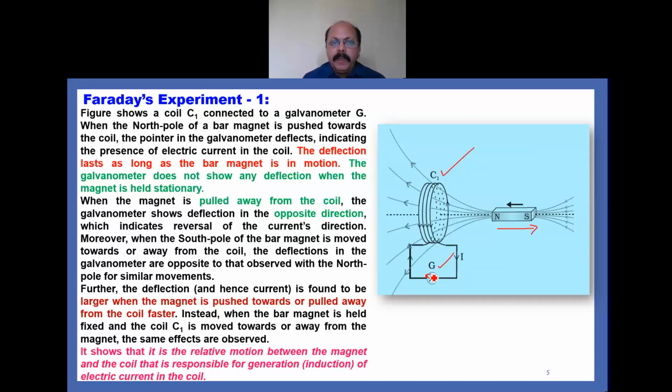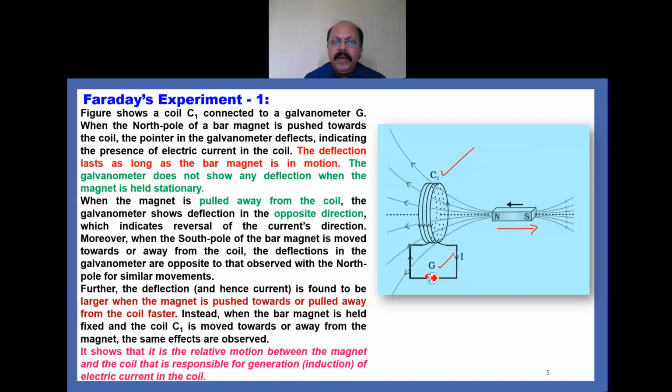Further, the deflection and hence current is found to be larger when the magnet is pushed towards or pulled from the coil faster. Means the induced EMF developed, and hence current, is directly proportional to the rate of change of magnetic flux linked with the coil.